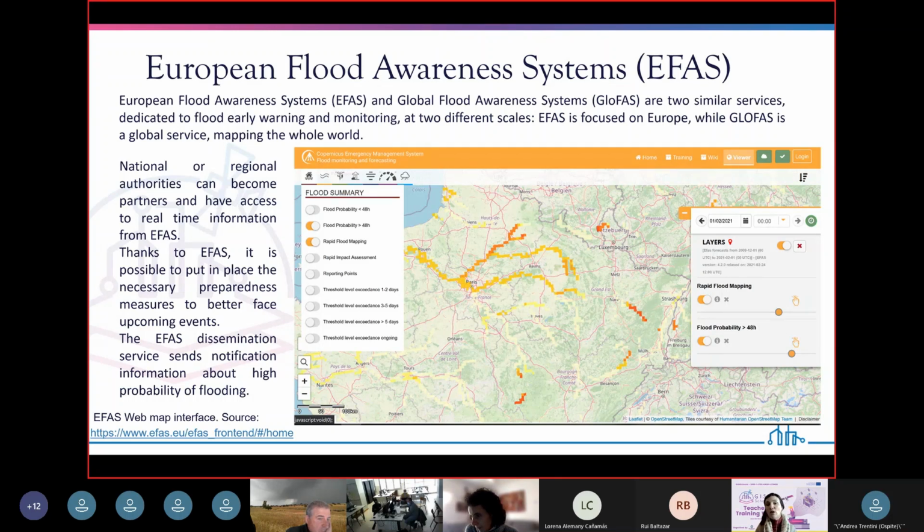And we can see also which are the events that occurred in the past, so the monitoring. It's a complex service, because it involves the exploitation of meteorological data, as well as satellite imagery.